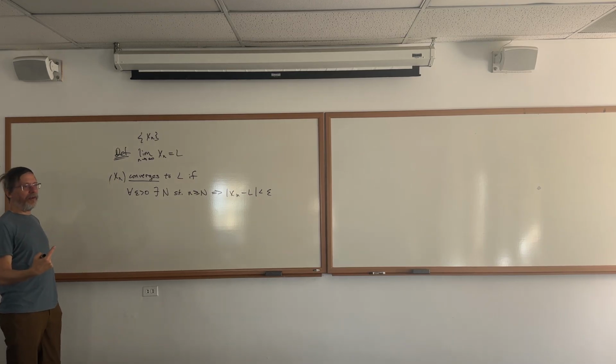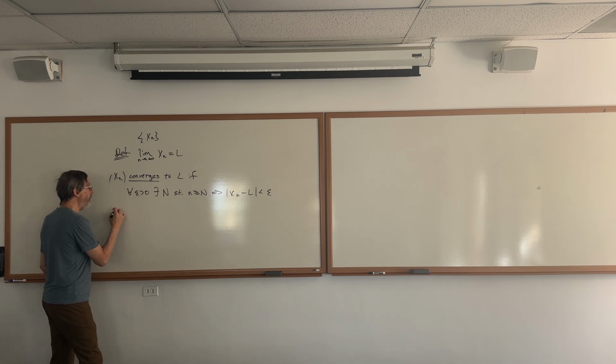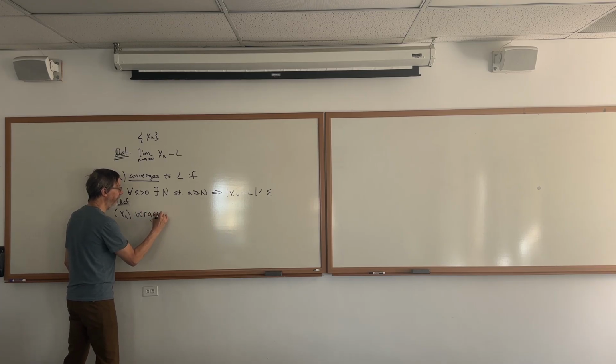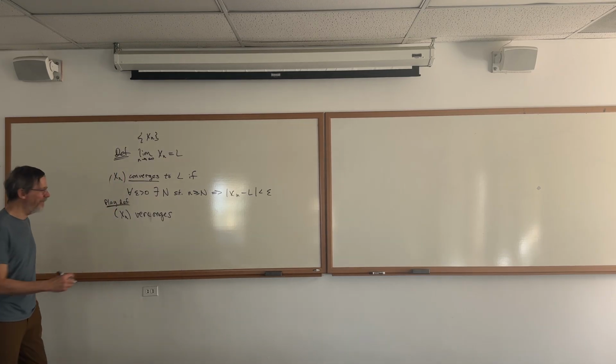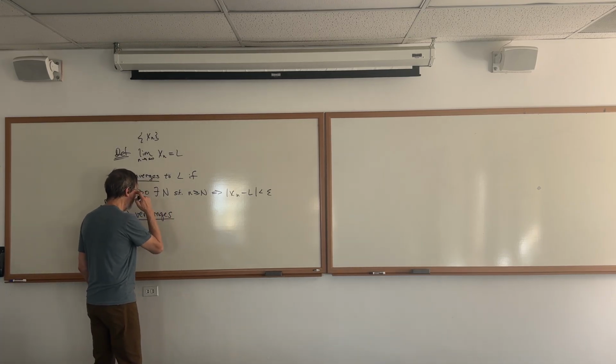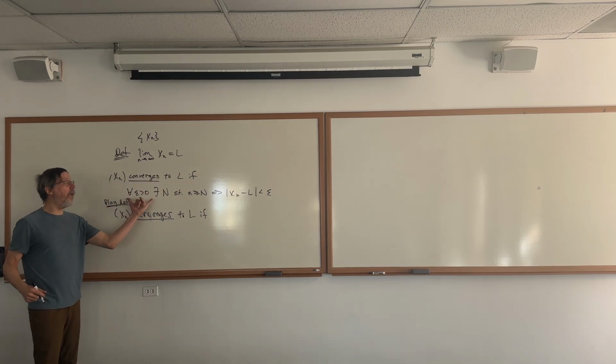So this exercise I'm about to present is a twist on this, and it's from a different book, not our textbook. I'm going to give you a new definition. This is not standard. This is like a play definition, just for us to think about. So I'm going to say a sequence x sub n verconges, so just flipping the word a bit there, verconges to L if, and what we're going to do is flip the quantifiers.